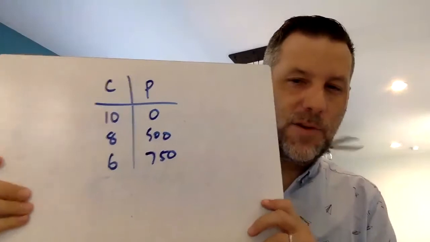Cars, pizza. For 10 cars, it was 0 pizzas. For 8 cars, we'll say 500. For, let's say 6, we'll make it 750. I won't worry about the rest for time's sake. We'll just leave it like this, right? So I've got different options here.